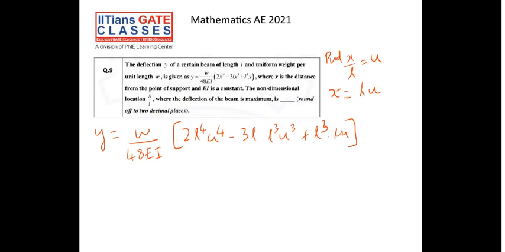Sorry, this is L cube. We can take L raised to 4 common from all the three terms. We'll get W L raised to 4 by 48 EI into 2u raised to 4 minus 3u cube plus u. This thing over here, let's take it as a constant k, and we'll proceed with the procedure.